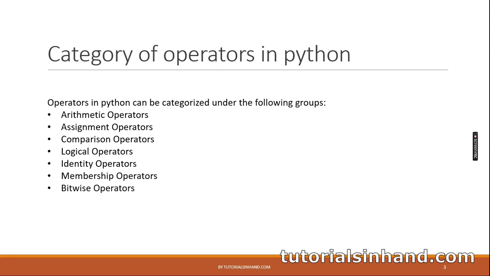The scope of this video is just to introduce you to the fact that Python contains operators, and they can be divided under 7 heads, and they are, as you can see on my screen, arithmetic operators, assignment operators, comparison operators, logical operators, identity operators, membership operators, and bitwise operators.